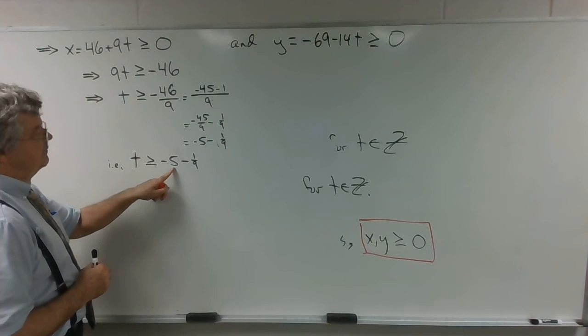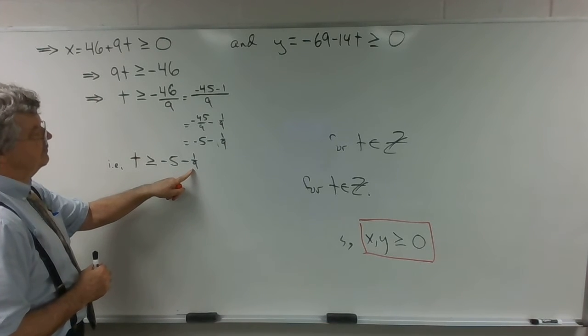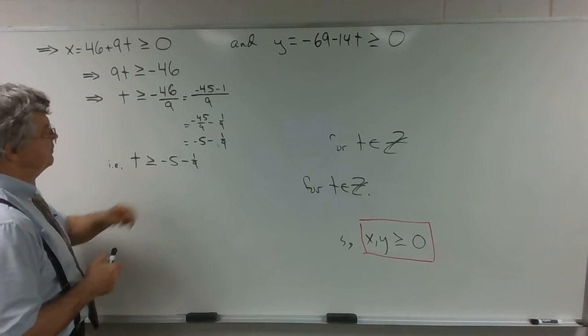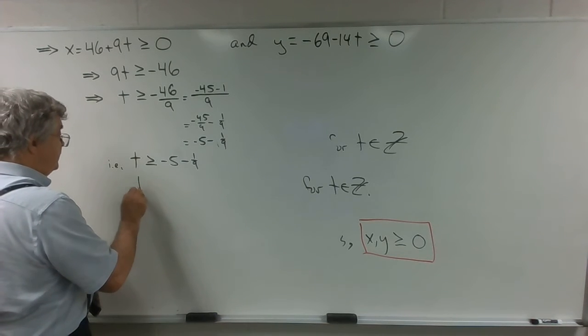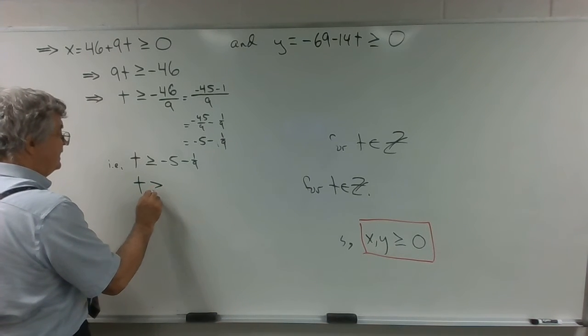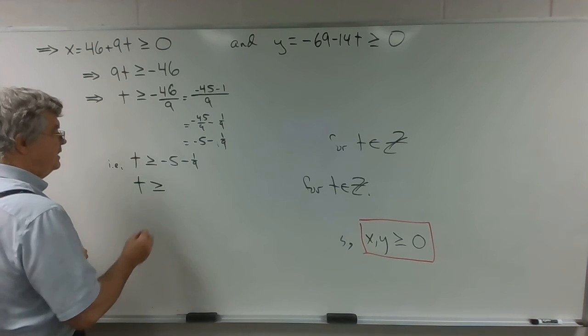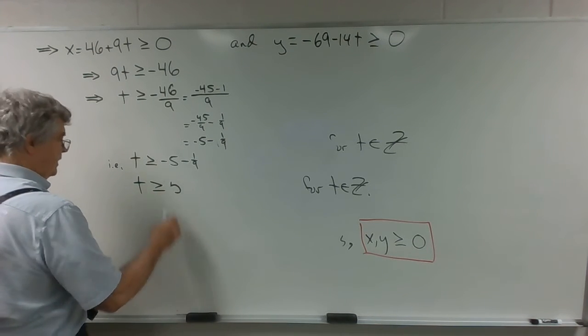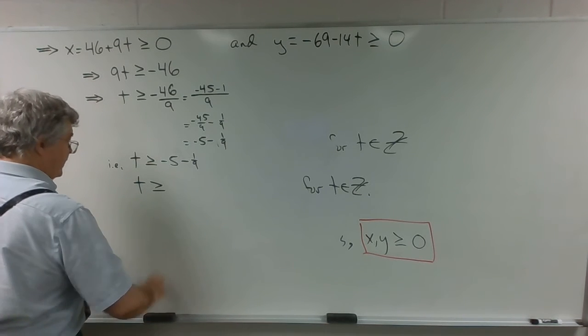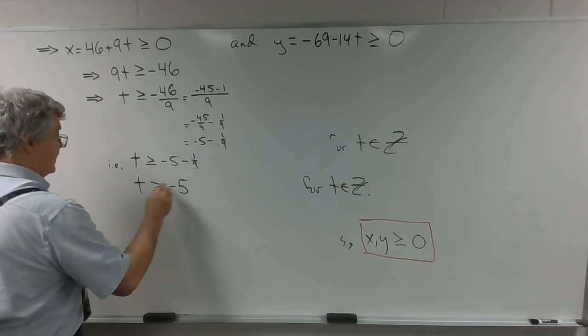So let's see, negative 5 minus 1/9 is less than negative 5. So what this means as far as yielding integer values is that t has to be greater than or equal to negative 5.